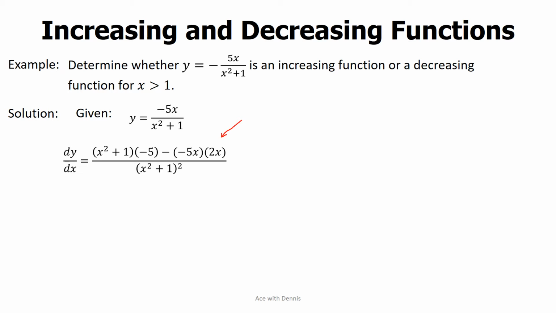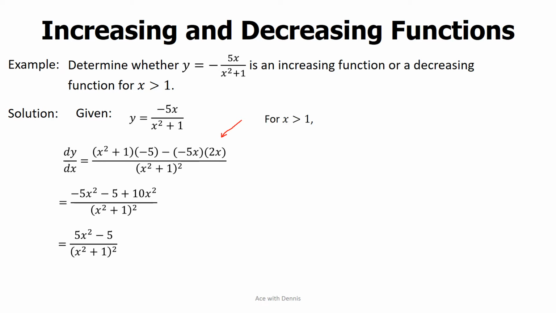Remember, this is the quotient rule: v times du over dx minus u times dv over dx, over v squared. Then we simplify, it becomes -5x squared minus 5 plus 10x squared over (x squared plus 1) squared, which is 5x squared minus 5 over (x squared plus 1) squared.